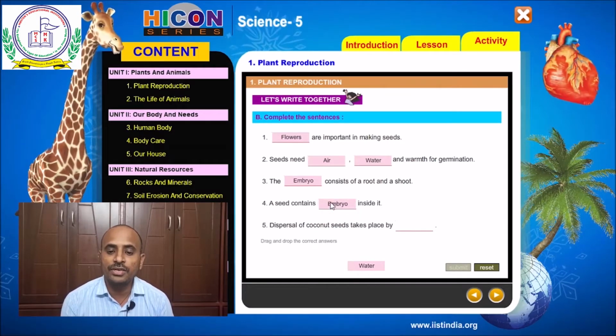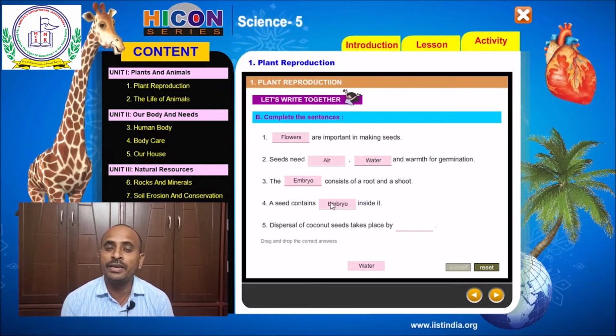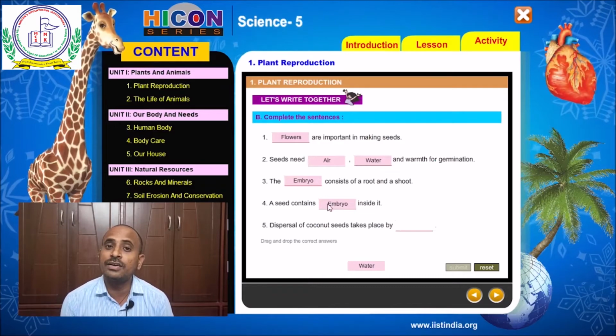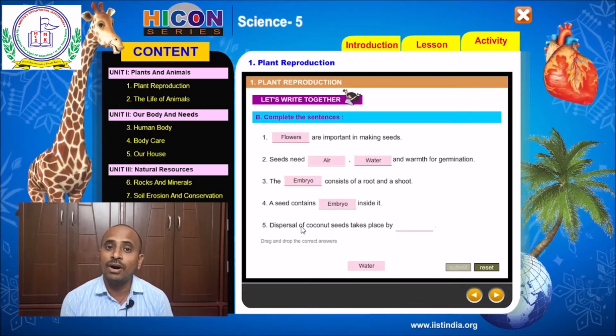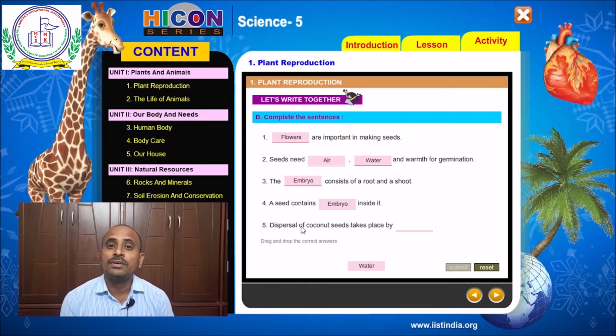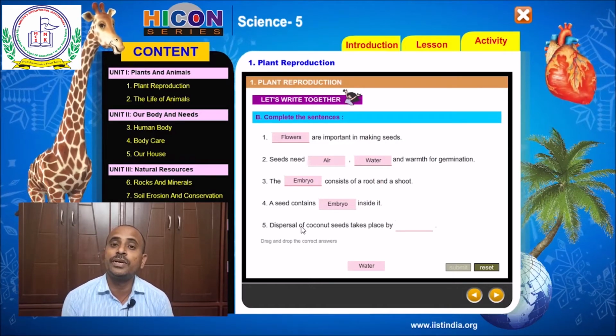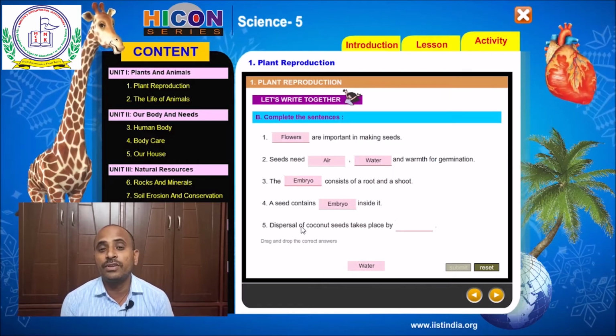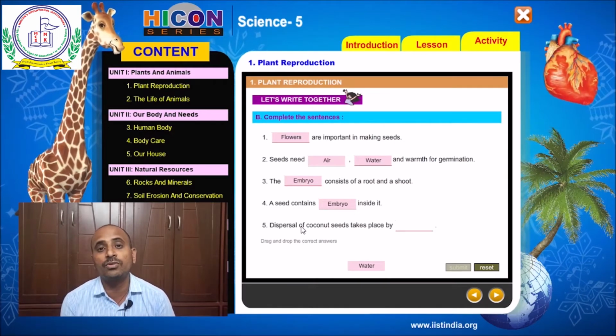Dispersal of coconut seeds takes place by dash. So generally the coconut seeds are dispersed by water. So water can disperse the coconut seeds to distant places, because coconut seeds are very light in weight because of the fibrous portion present around the coconut.